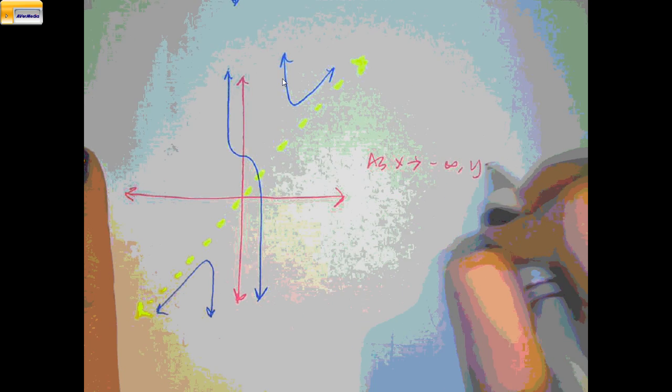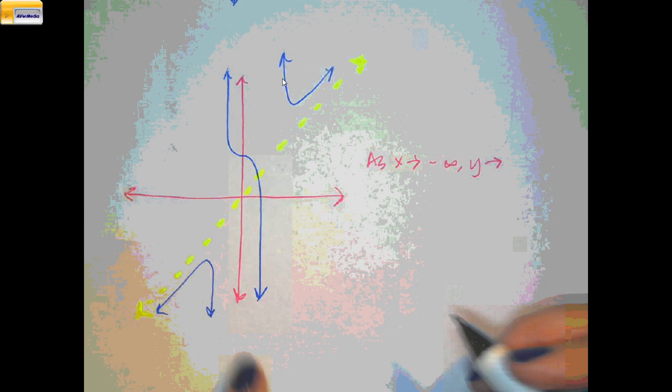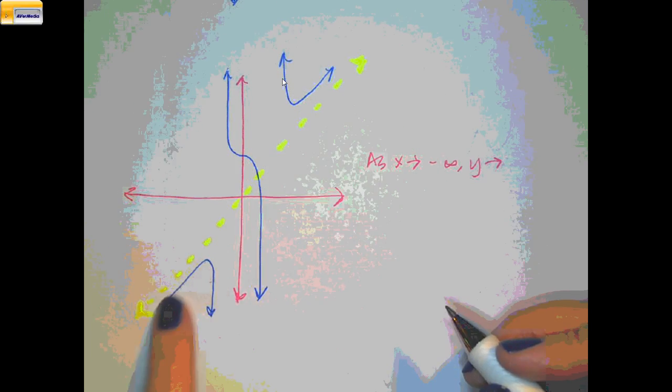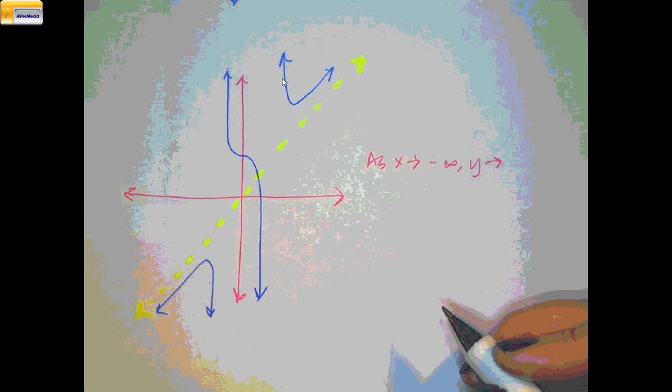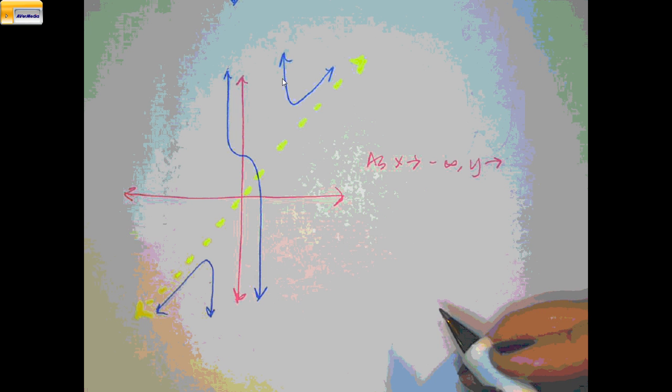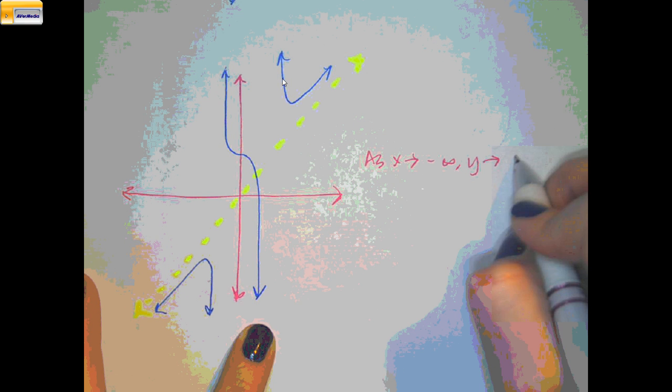As x nears negative infinity, so we're headed left. As this thing goes left, what's happening to those y values? What are they doing? Getting closer to that asymptote. What is that asymptote? y equals x, right? So we're going to say y gets close to x.